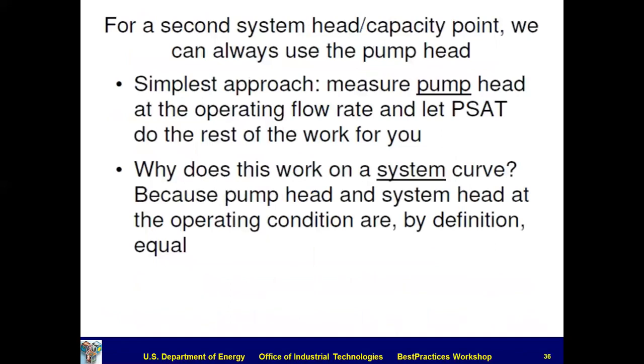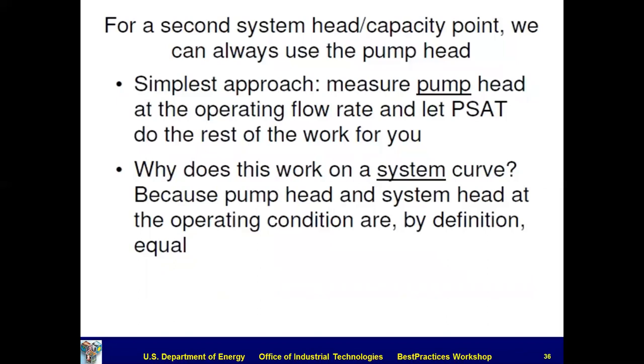Okay, so for the second point, for a system that's operating, we can go to the pump and try to take measurements to determine the pump head and the flow at that point, and we use that as a second point to develop our system curve.